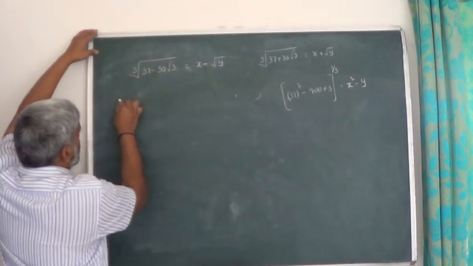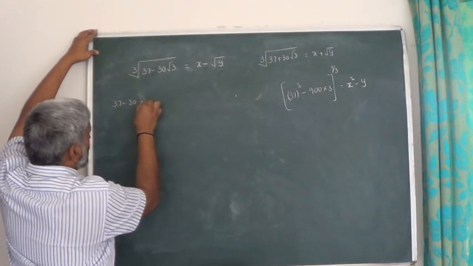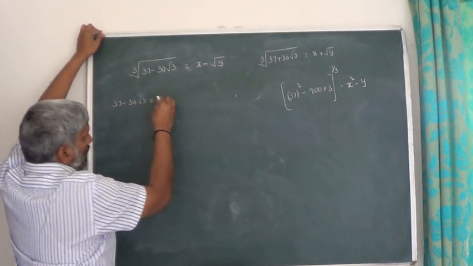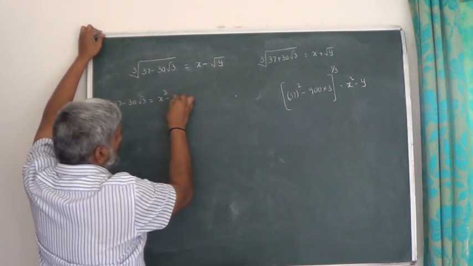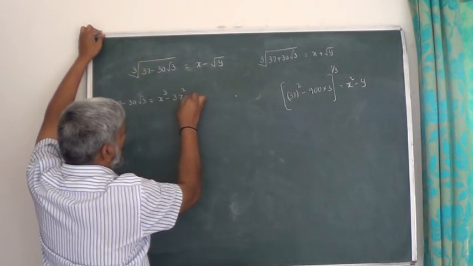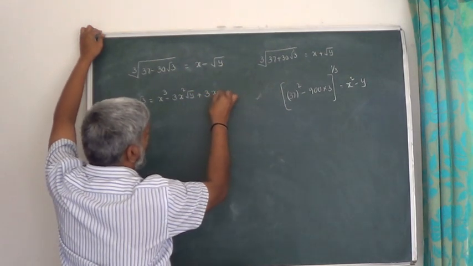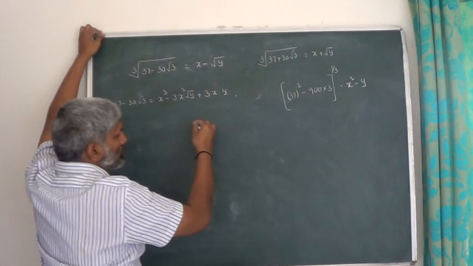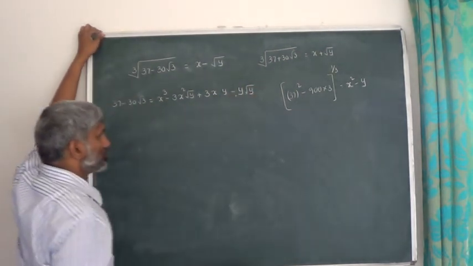Now cubing on both sides. 37 minus 30 root 3 equals here a cube minus 3 into x square into root y plus 3 into x into y minus y into root y.